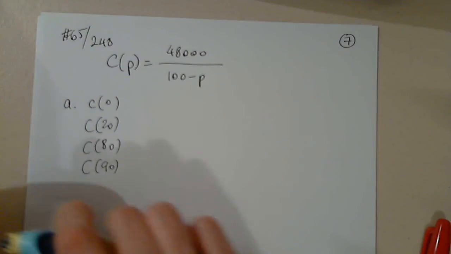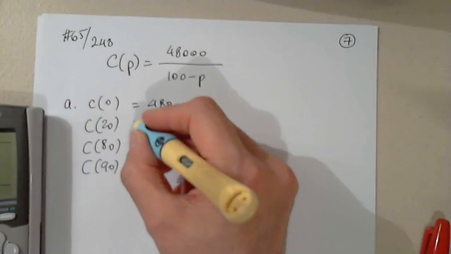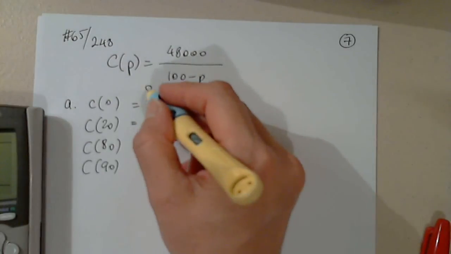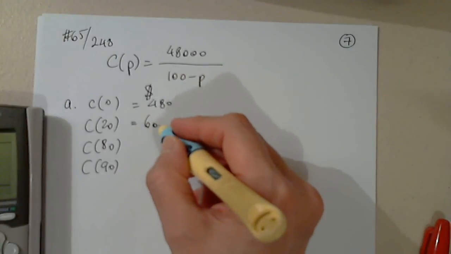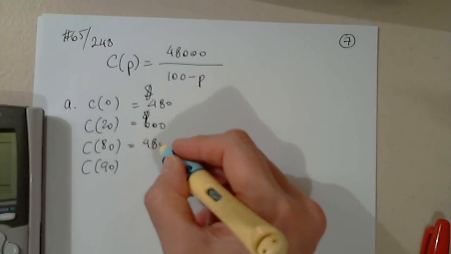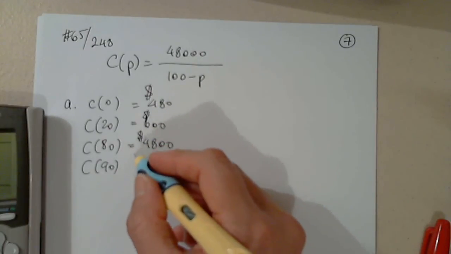Okay, so I have 480. And of course, it's dollars. 600. For 80 is 4,800. And for 90, oops.